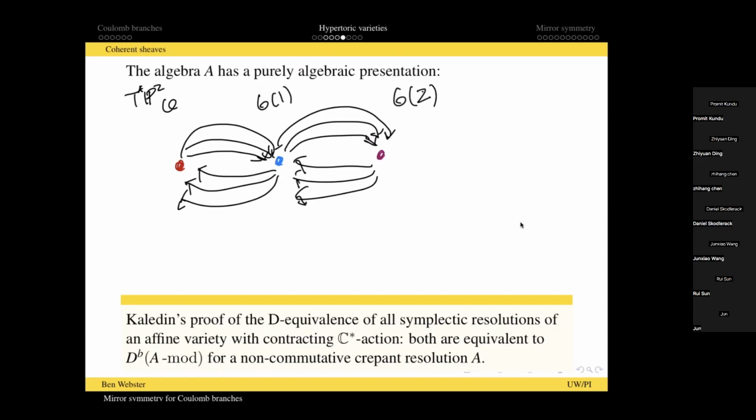Oh wait, so this is also finite dimensional? In this case? No, it's not finite dimensional. It's finitely many arrows, but there are arbitrarily long paths that have non-zero image. I see. Okay. Remember, this is O of 1, O of 2, not on P2, but on T star P2. And the functions on T star P2 are infinite dimensional.